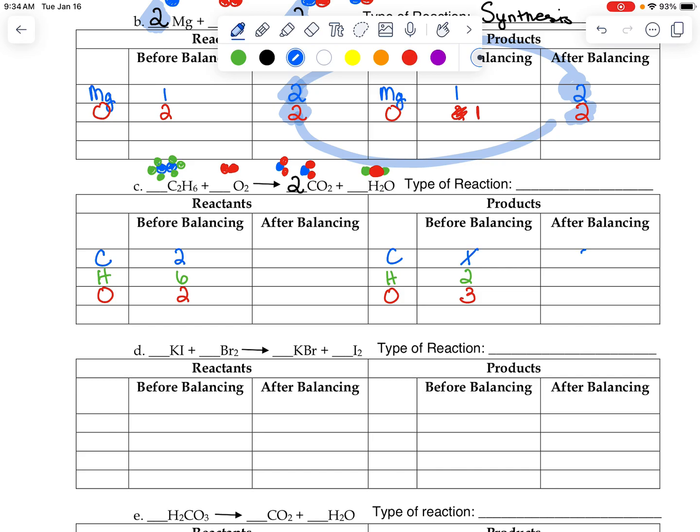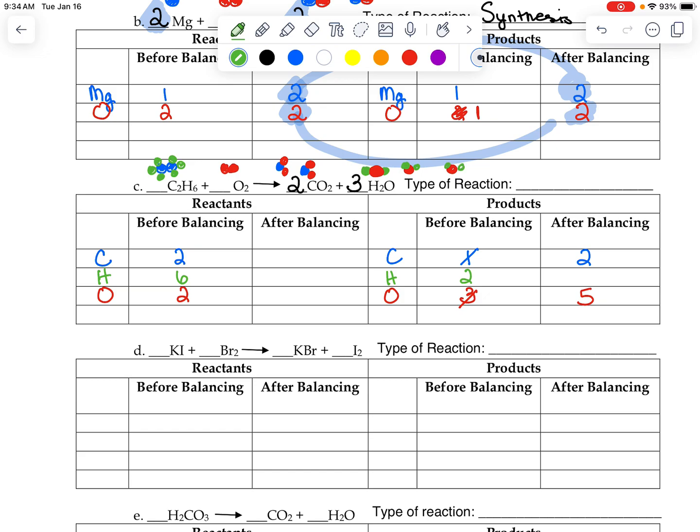So we now have 2 carbons, and we now have 2, 4, 5 oxygens. Now I'm going to fix my hydrogen. I'm going to put a 3 in front of the H2O. So that means that, remember, I now have 3 of these H2O molecules.